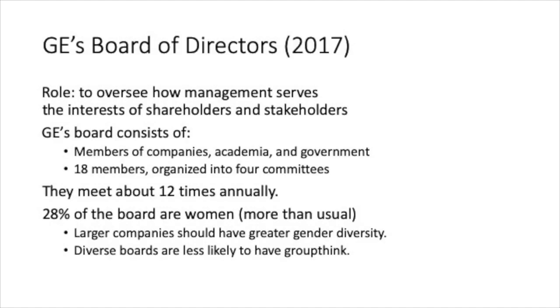So let's take a close look at the board of directors by using an example of GE. You might find some interesting facts by taking a look at this case. The GE board of directors consists of 80 members. They have all different backgrounds. Some of them are from companies including GE. You might see a very small number of professors, and you can see some politicians or other people having different backgrounds.